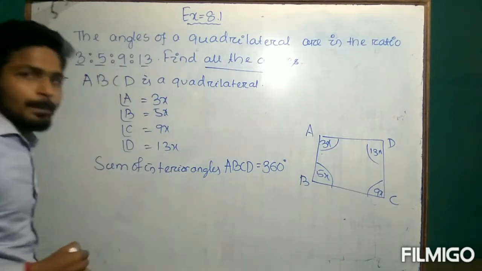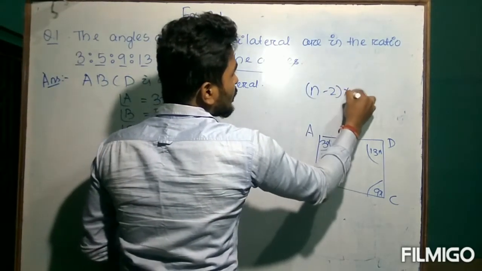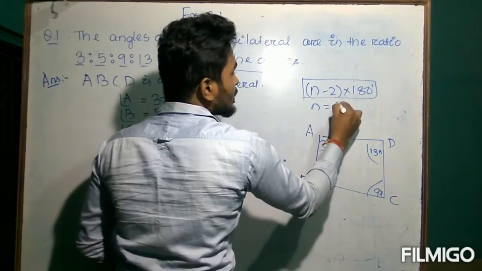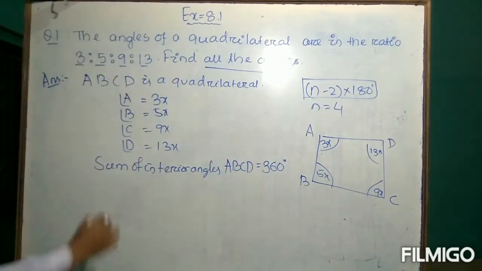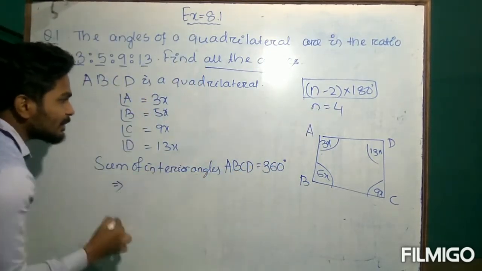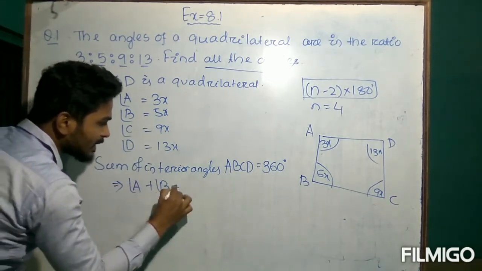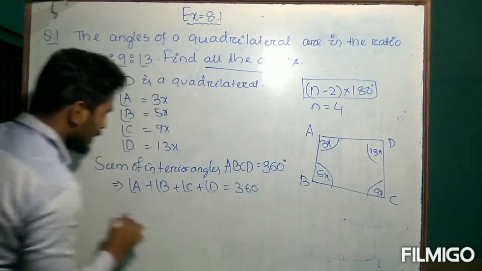We know it by the formula (n minus 2) into 180 degrees, where n is 4. Substituting the value of n, we get 360 degrees. Now the sum of interior angles means angle A plus angle B plus angle C plus angle D is 360 degrees.